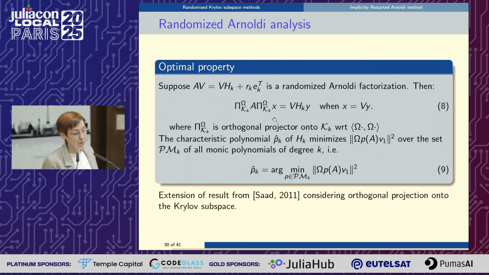Moreover, it can be shown that the characteristic polynomial p hat k of the Hessenberg matrix minimizes the norm squared of the action of the polynomial of A applied to the sketched starting vector v1, over the set of all monic polynomials of degree k. So that's an important optimal property for these non-symmetric eigenvalue solvers.